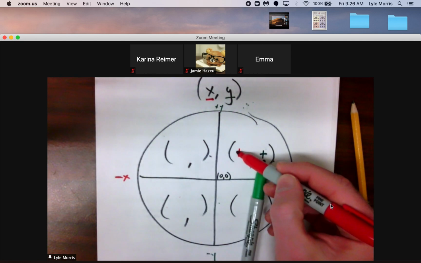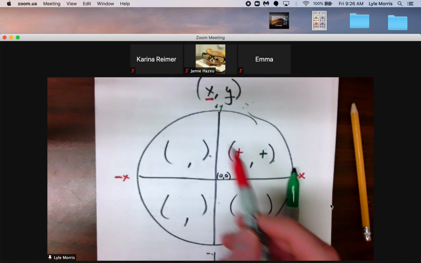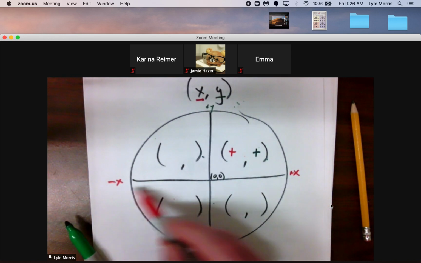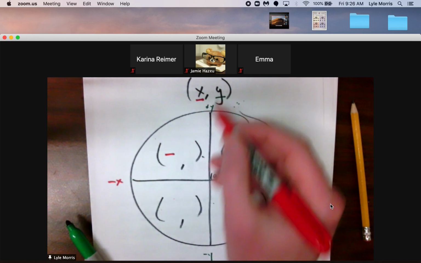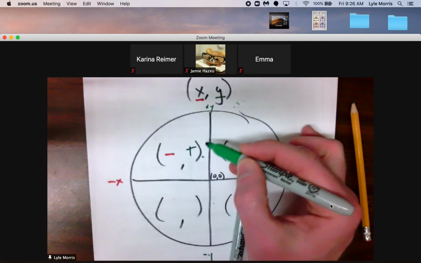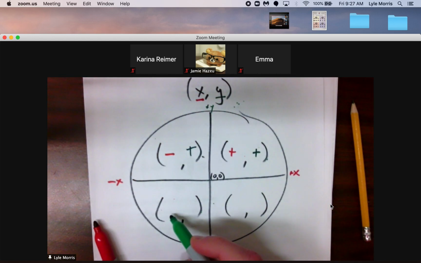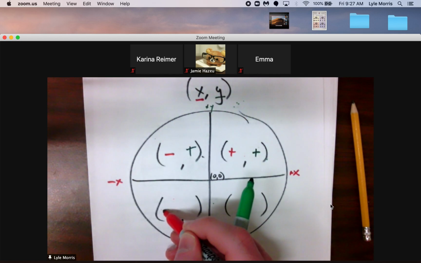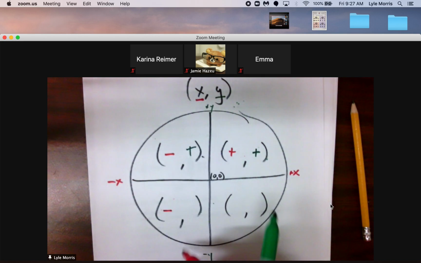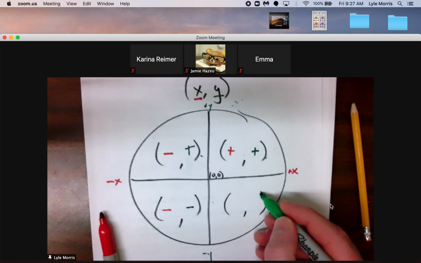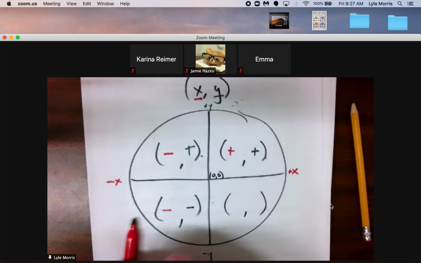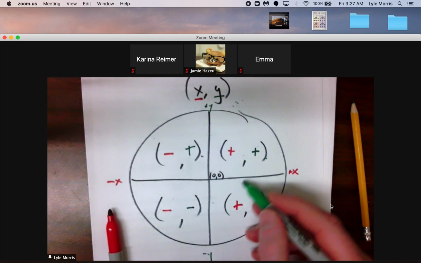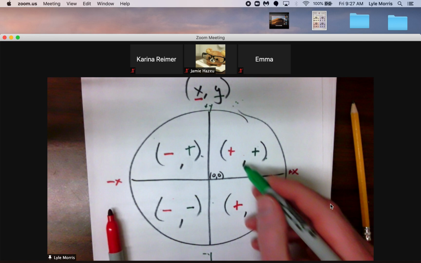When this is positive x and positive y, both are going to be positive, so this represents x and y. On this side, x is negative, but y is still positive. Down here, they're both negative because we're on the left side, that makes x negative, and we're on the south side, that makes y negative. Over here, x is positive when it's to the right.